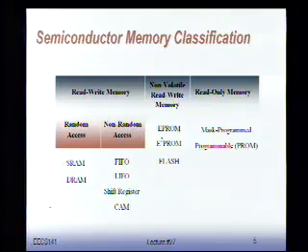Now, for a long time, these were the key memory components. I think if people talked about memory, this was either SRAM or DRAM. However, over the last couple of years, we've seen a phenomenal growth in the third area, which is called non-volatile random access memories. These have been around for a long time.